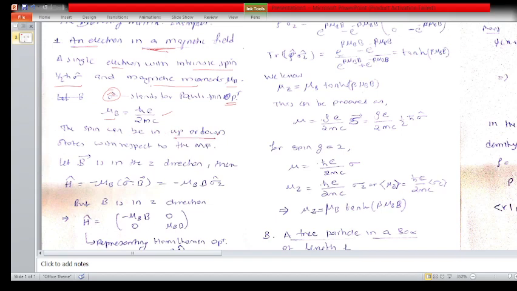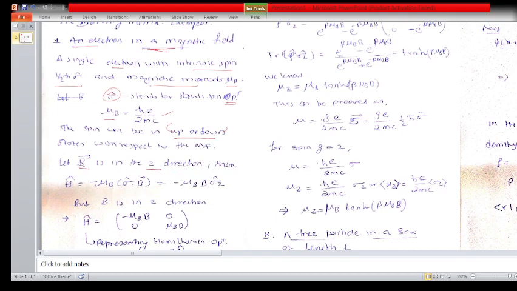The spin of that particular electron can be up or down depending on the magnetic field direction. We can choose either in the direction of the magnetic field or opposite to it, so with respect to the field we can say the electron is up or down, and let B be in the z direction.